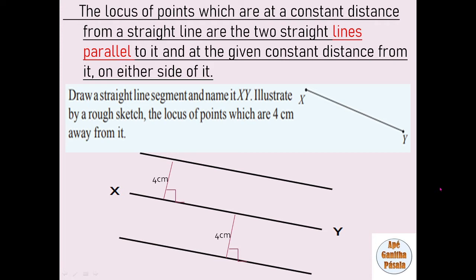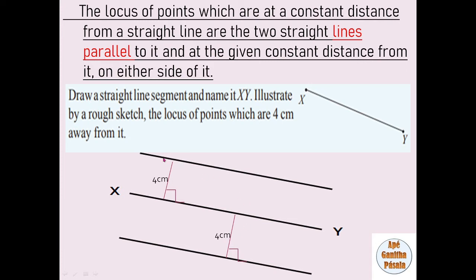Here, see this example. Draw a straight line segment and name it XY. Here is the straight line XY. By a rough sketch, show the locus of points which are 4 centimeters away from it. Using the set square, you can mark 4 centimeters to either side, to this side and this side.